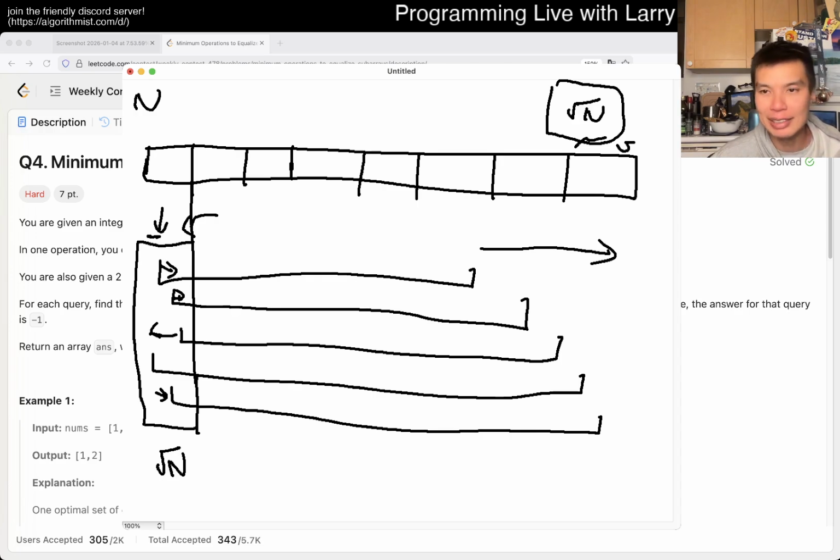That means that in total, this is just going to be O of n in the worst case. What do I mean by that? Well, this is O of n over all queries in the same block.